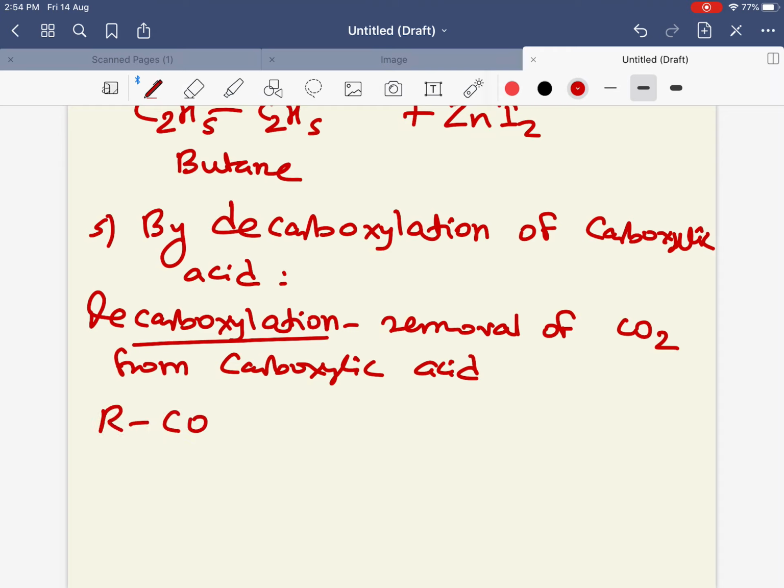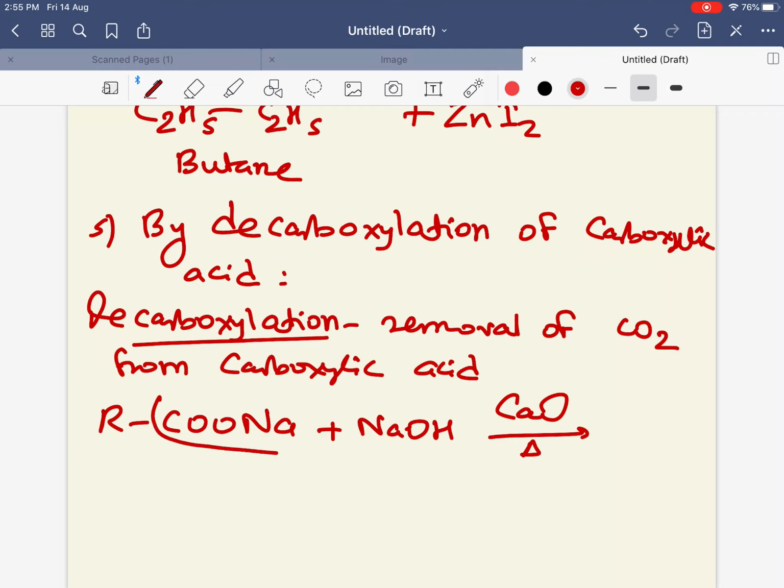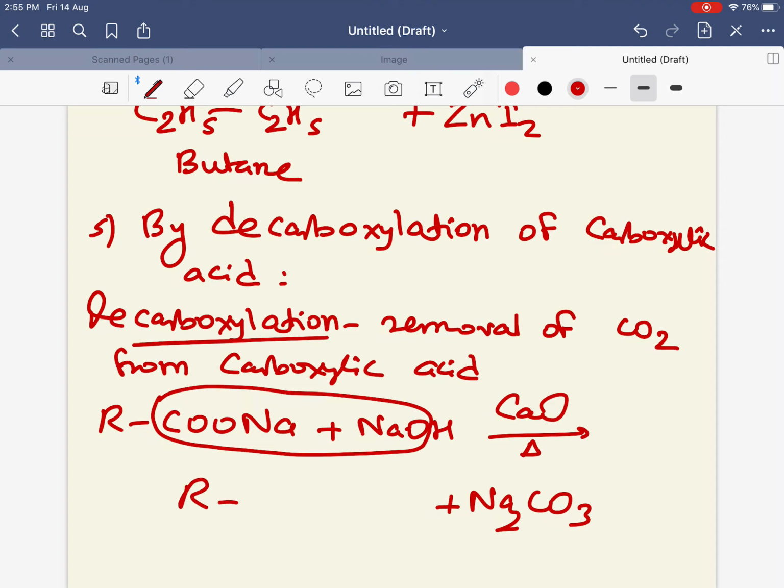Sodium salt of carboxylic acid, that is RCOONa, is the general representation of the sodium salt of carboxylic acid. When the sodium salt of carboxylic acid is reacted with alkali NaOH in presence of calcium oxide, CaO, at high temperature, the byproduct obtained is Na2CO3, sodium carbonate, and the product obtained is R from the salt of carboxylic acid and H from the alkali NaOH.